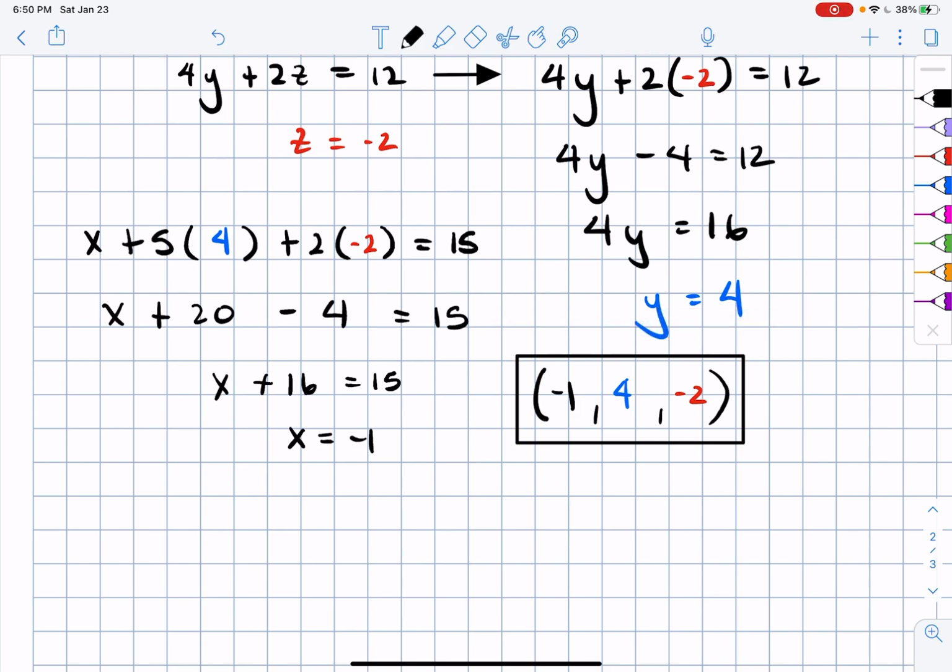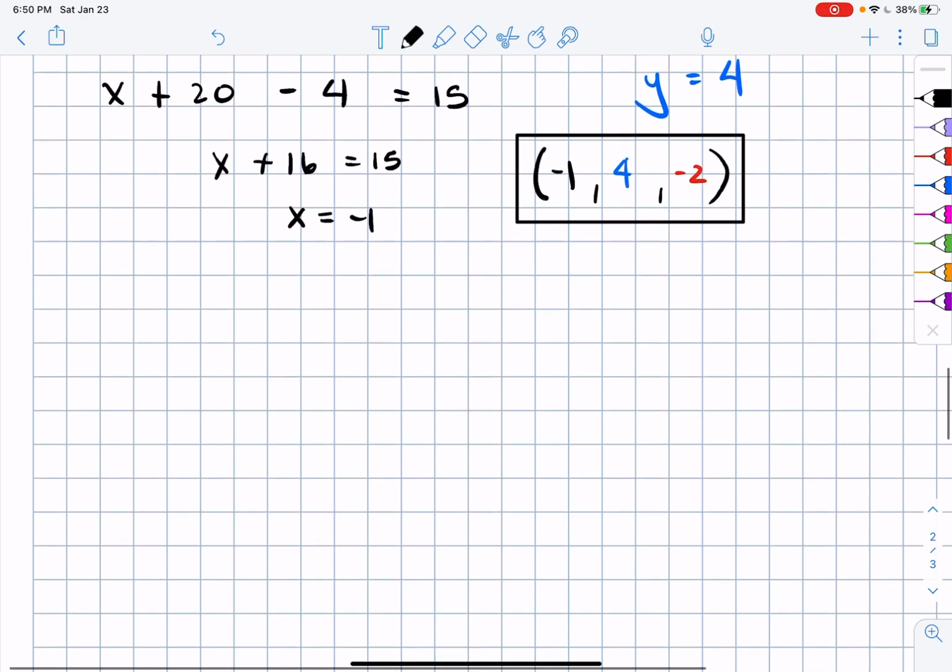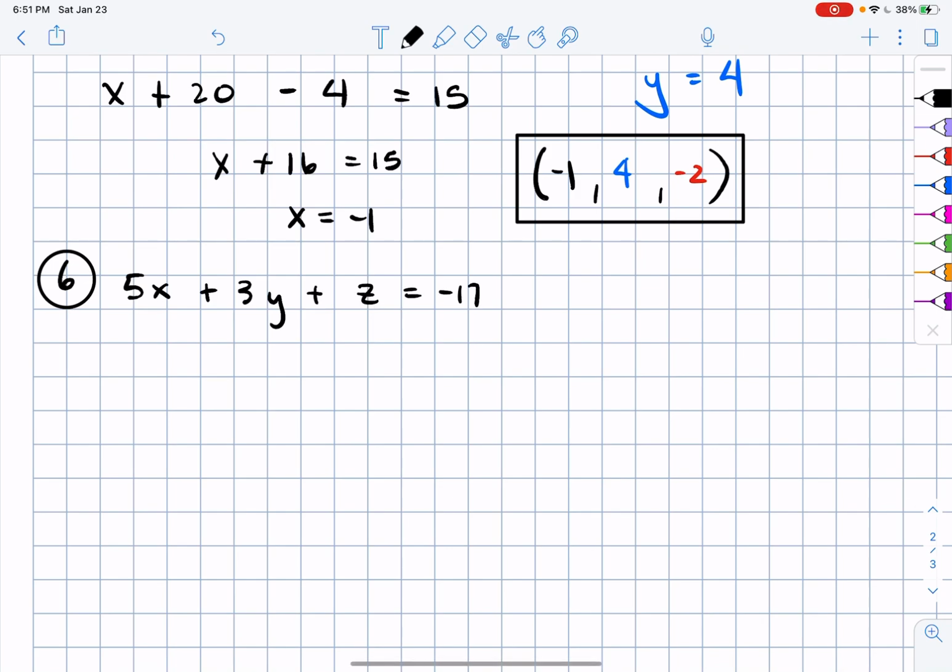I'm sweating. All right, so on to number 6. Number 6, 3 equations, 3 unknowns, a little bit tougher. I got 5x plus 3y plus z is equal to negative 17.